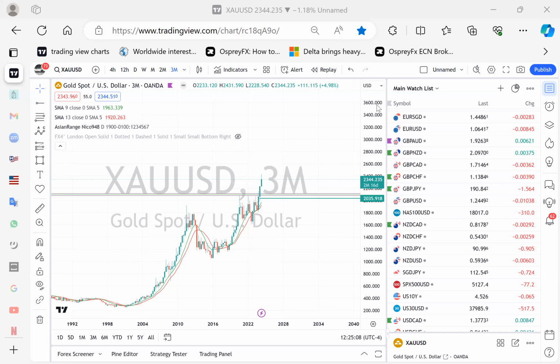But to keep on track, this pullback is going to drop you to a discounted rate. So no matter what you're trading, if you know the market is going to do this pullback, it's going to bounce off of a discounted number. You just let it go down there.